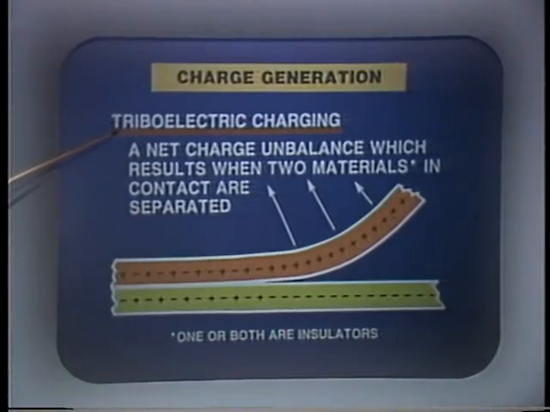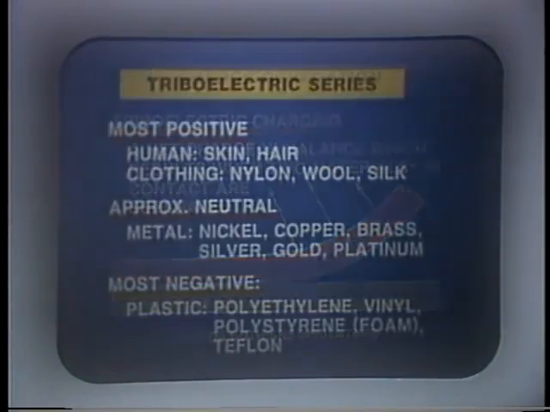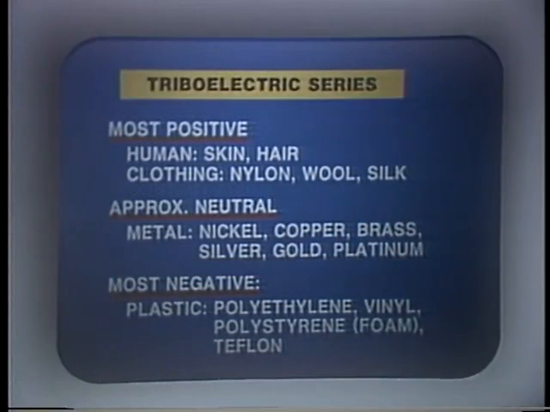The principle of the triboelectric effect is that when two materials are in contact, they will exchange charge, and when they are separated, one of the materials will end up positively charged and the other negatively. This characteristic that certain materials end up positive and others negative has been cataloged in something called the triboelectric series.